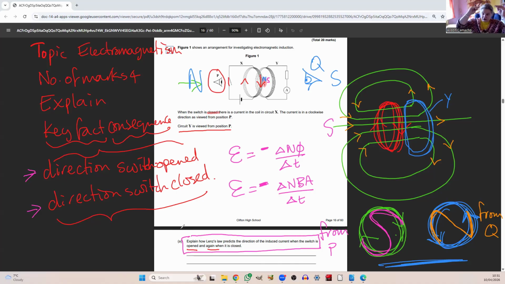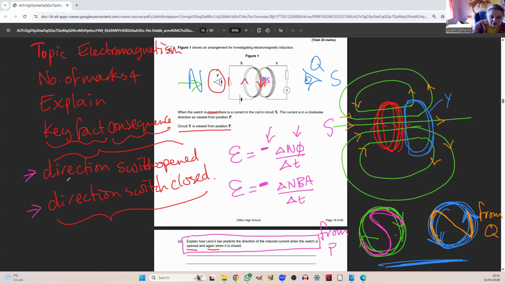But there's this other double thing, which is you've got to explain the Lenz's law bit where it opposes it, and you've got to explain that the induced EMF is only happening when the flux linkage is changing. So can you see the things that you need to put in here, why it's 4 marks?